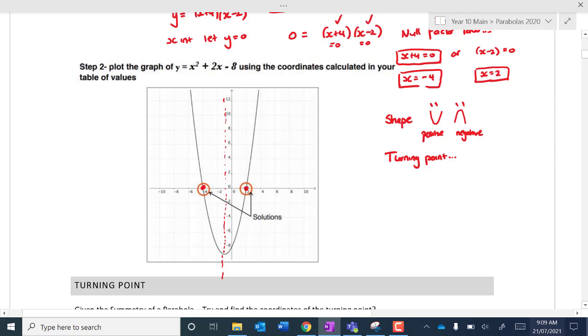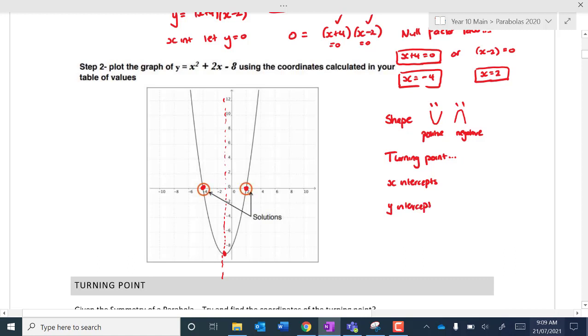So the turning point, where it turns, is halfway between those two points. And of course we want the x-intercepts, and finally we've got the y-intercept.